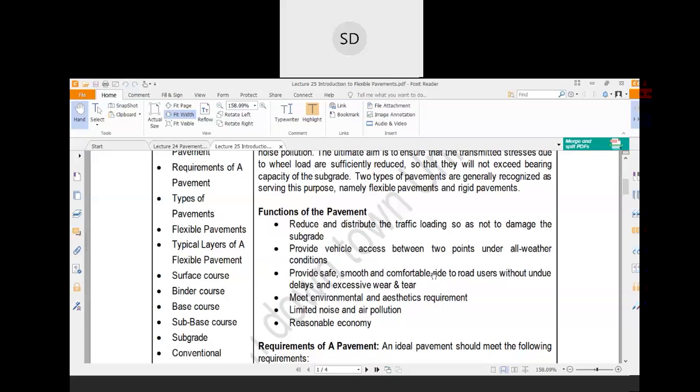It should provide a safe, smooth, and comfortable ride to road users without undue delay and excessive wear and tear, meet environmental and aesthetic requirements, limit noise and air pollution, and be reasonably economical. So basically, these are some functions of the pavements.